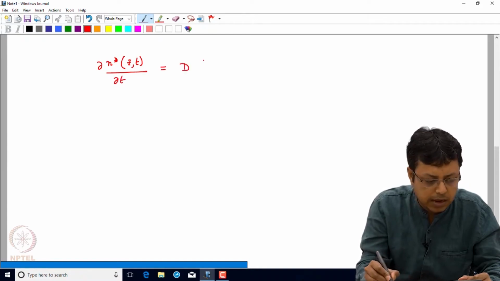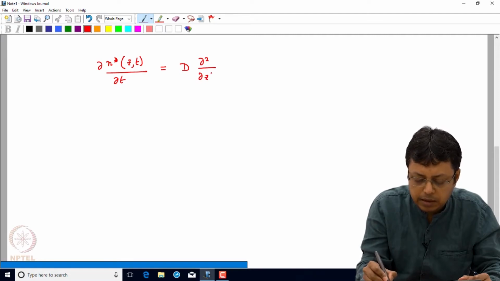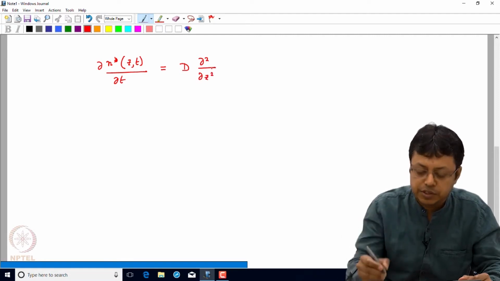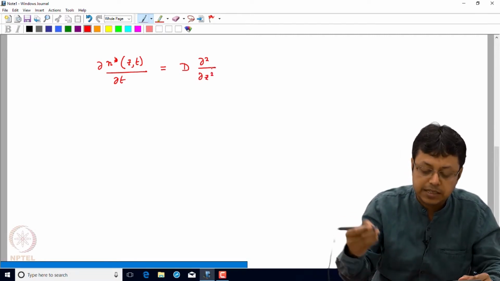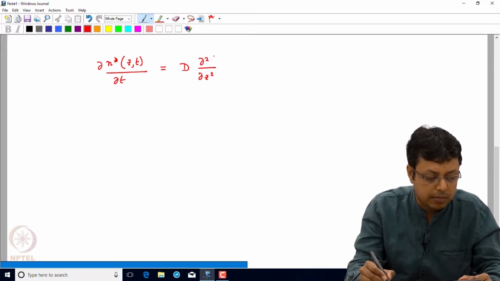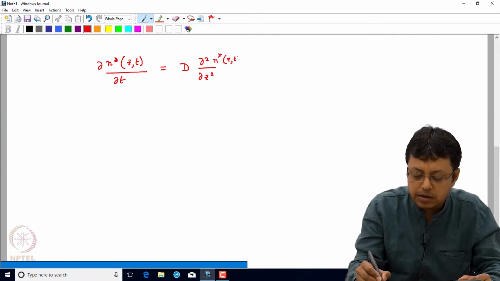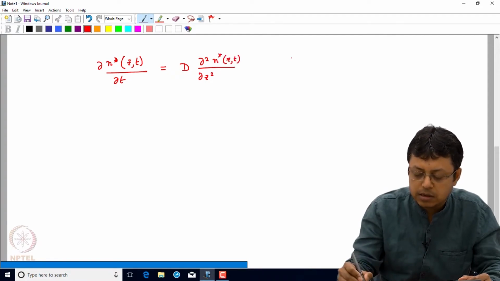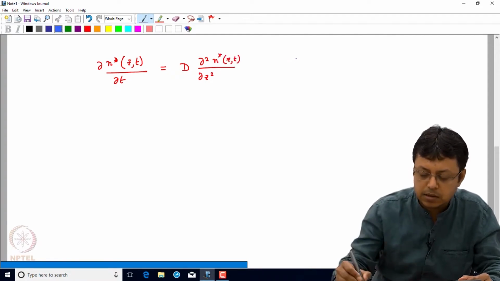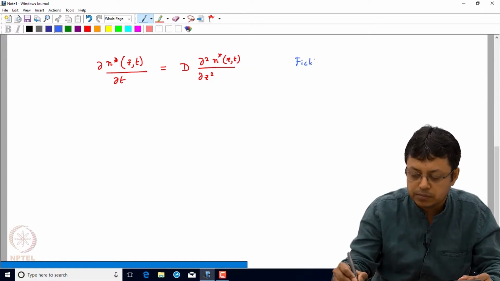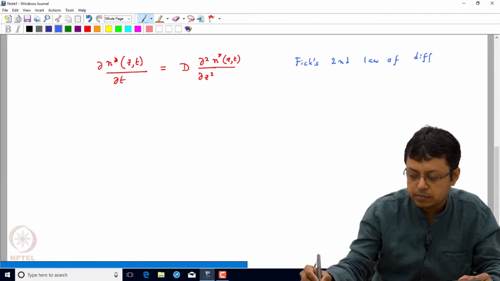And then we found that the time derivative of the concentration is equivalent to the spatial derivative, and they are connected by a constant which is the diffusion constant. And that was, if you remember, Fick's second law of diffusion.